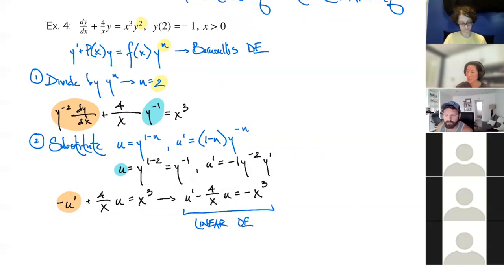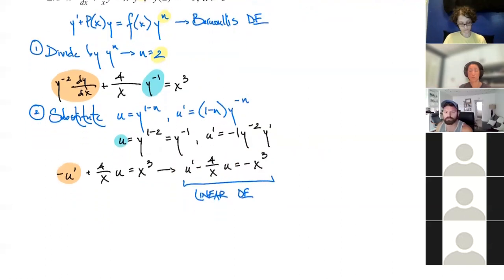Okay, so you can think about this like a very grown-up U substitution, right? The first time you learned U substitution, you're like, how am I turning this complicated thing into something more simple? We're doing the same idea here, except we're turning a Bernoulli's into a linear.